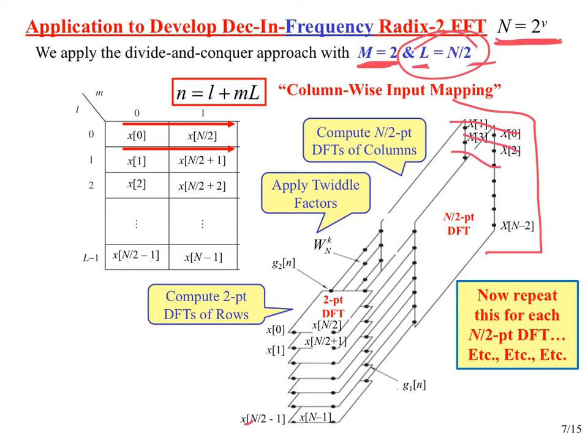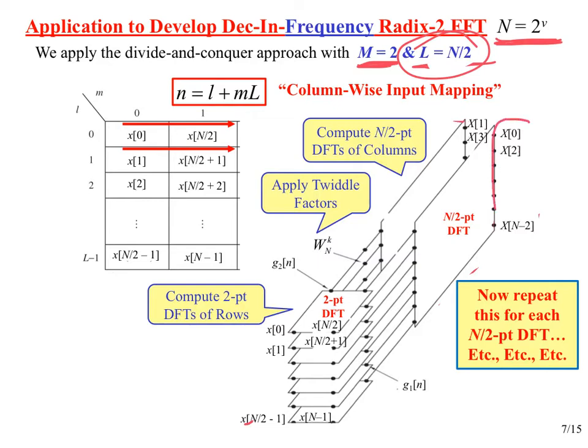And then we would take each one of these n over 2 point DFTs, and we would apply the same kind of mapping to those. So we would map the output of each of these. So all of these things here, let me finish up there.